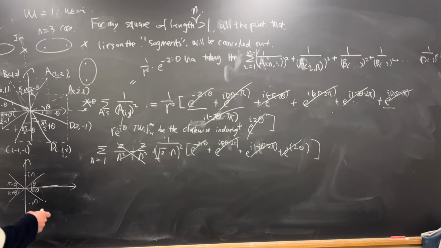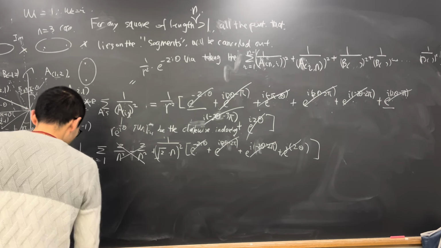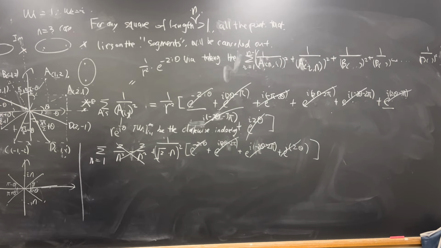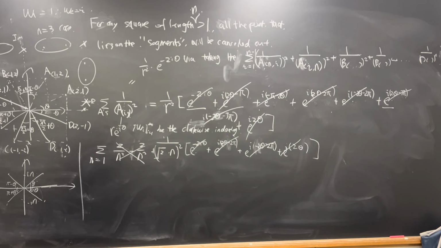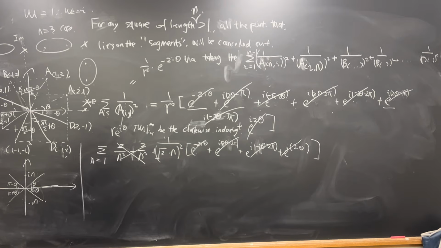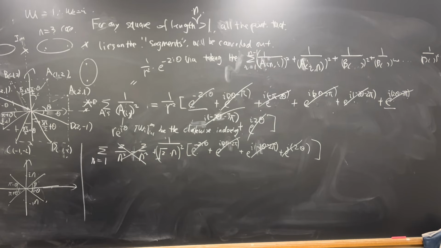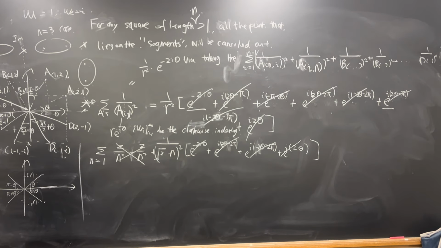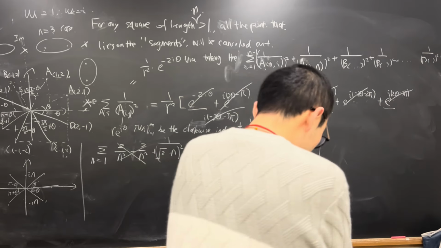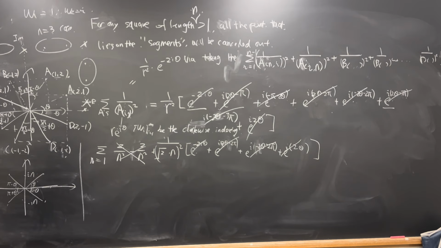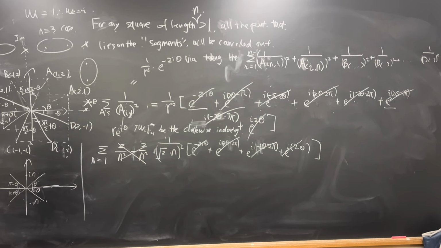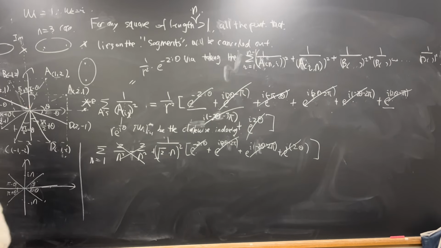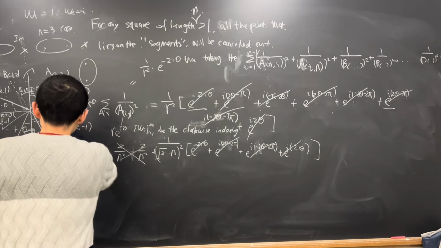Then I think you can come up with an argument that, for a large n, this radius is large.